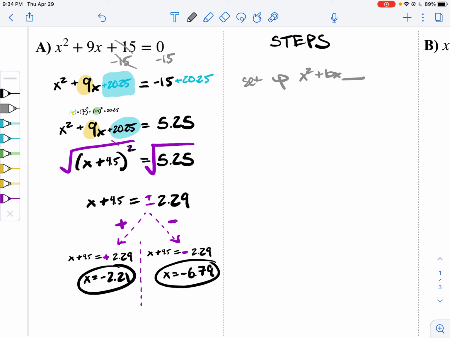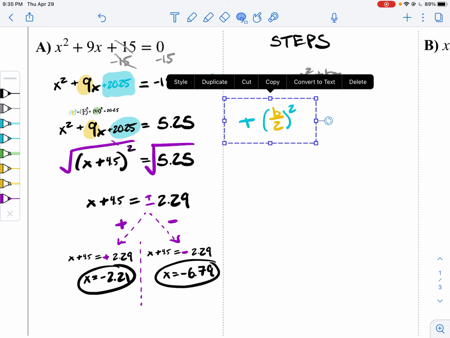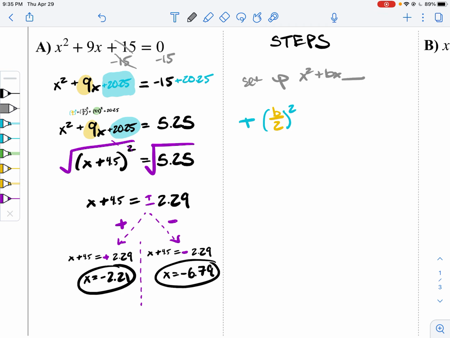And then what we did here was we needed to add our b over 2 squared. We needed to add b over 2 squared to both sides. We need to remember that: on both sides.